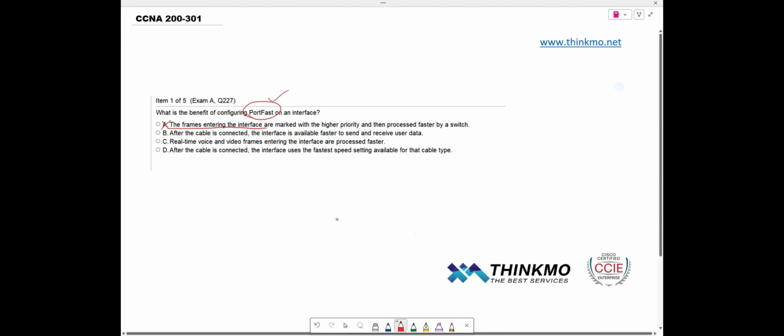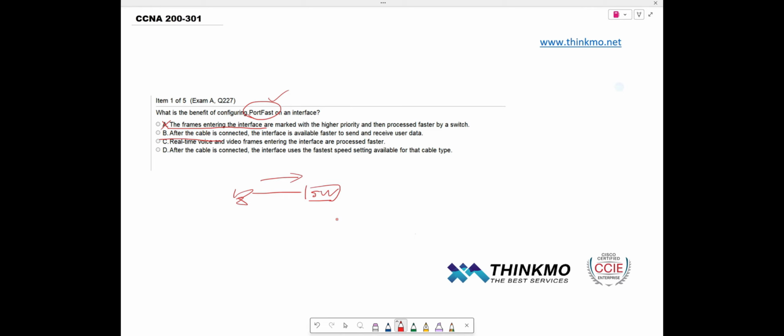Now option B says that after connecting the cable, for example, after our host connects the cable to the switch, it can immediately start forwarding, meaning it can immediately perform forwarding, sending and receiving. That means that after I enable the Proofs function on this interface, it will no longer listen or learn.